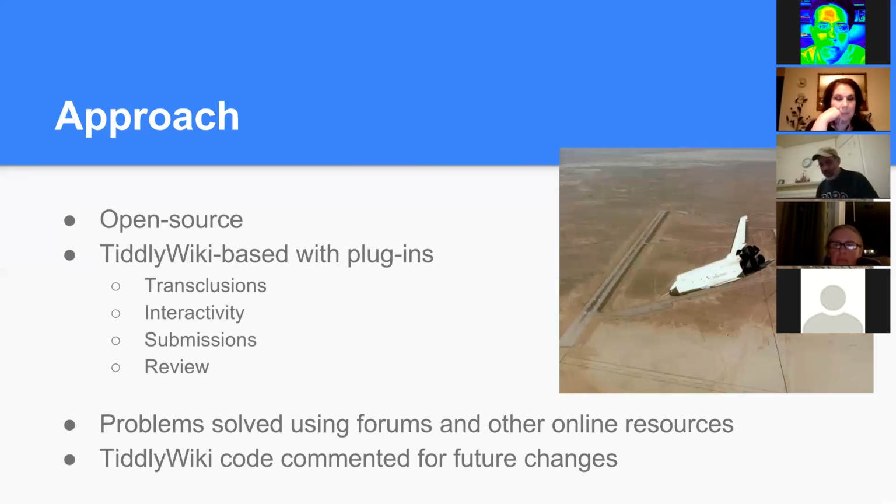There's a very active, if modest size, Google group that's pretty active in TiddlyWiki. I don't know if you've experienced it yet, but I've had some questions and answers on there already. The Twitter based plugin was one of the things. You ask a question, you get an answer, and you try it.